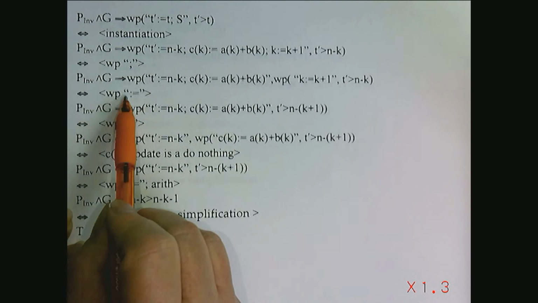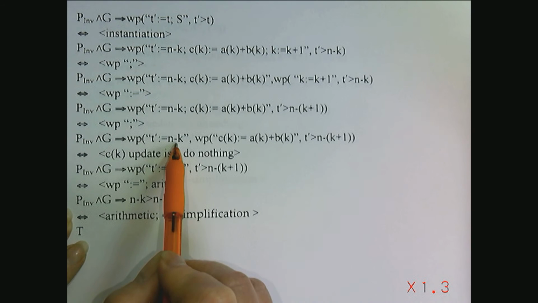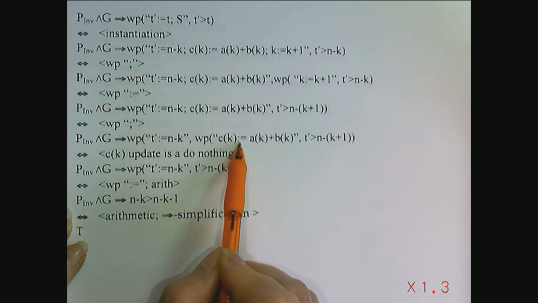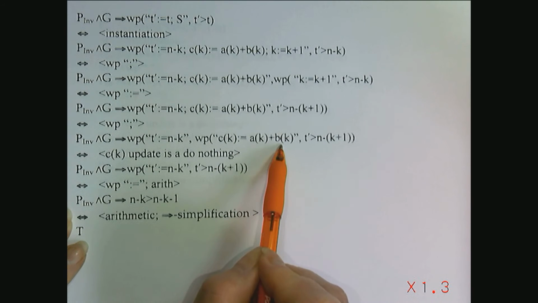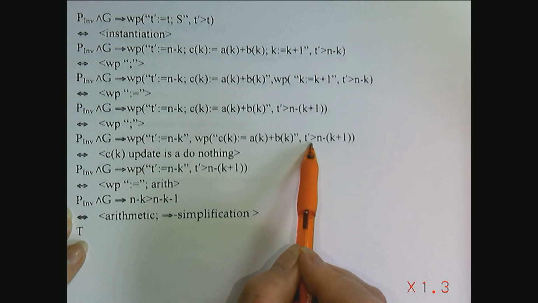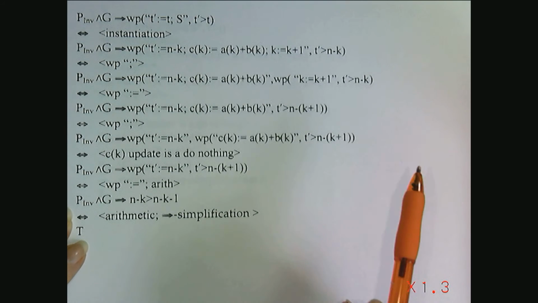Now, again, we have a sequential composition. So to find the weakest precondition, the postcondition is going to be the weakest precondition of c[k] becoming a[k] plus b[k], where its postcondition is the copy is greater than n minus the quantity k plus 1.